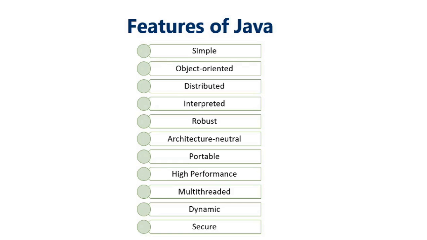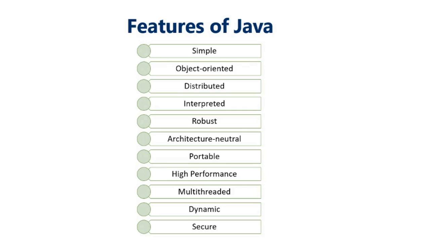Java is a robust programming language. The major causes of application failures are runtime errors and memory mismanagement. And Java is a strongly typed language. Type checking is carried out at two times, compile time as well as runtime, making sure that the types are compatible.